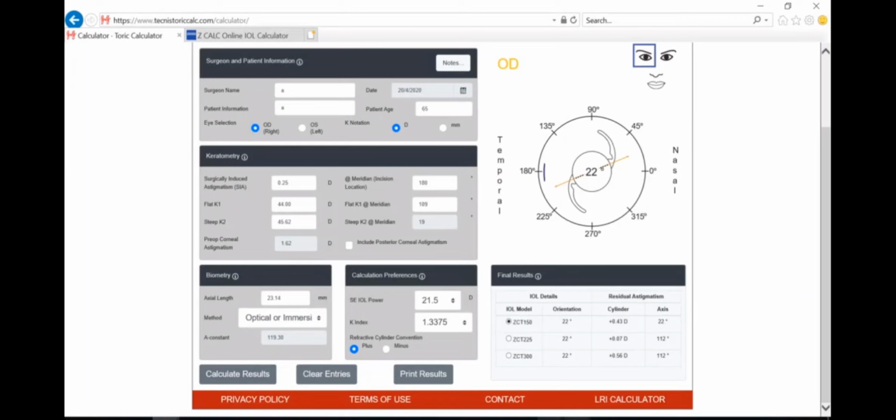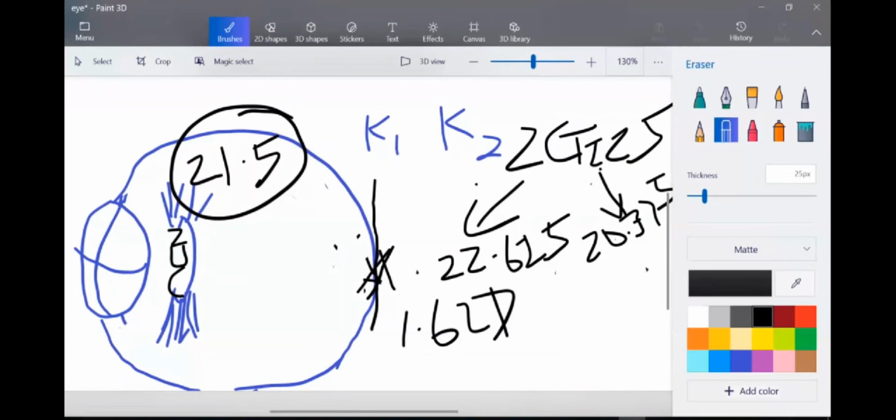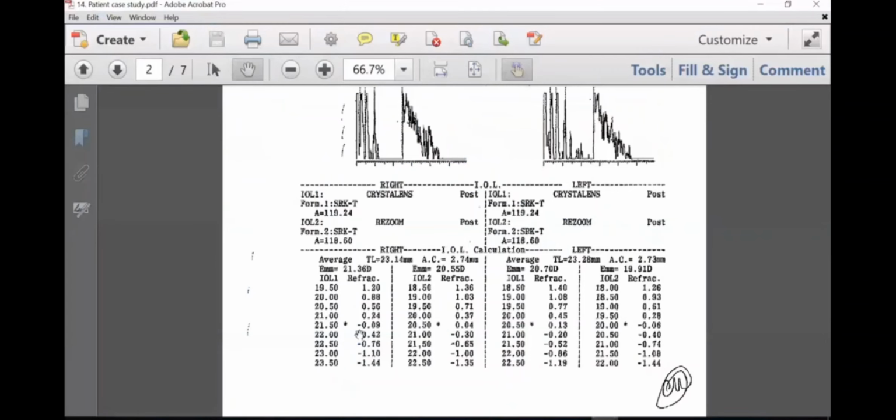If we look at the result here, remember we chose the spherical equivalent power of 21.5 diopters, but the result is minus 0.09.